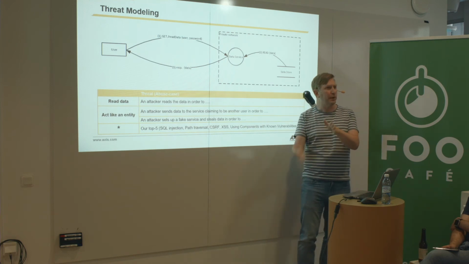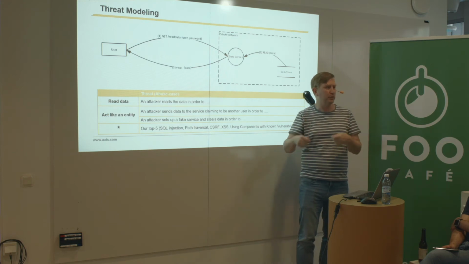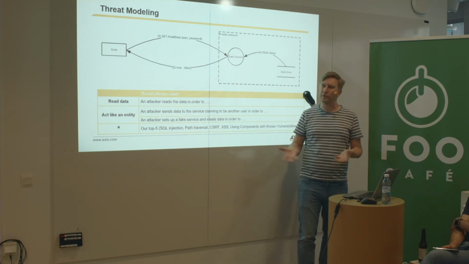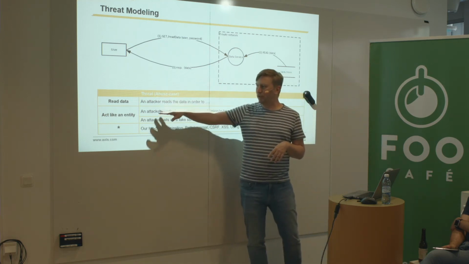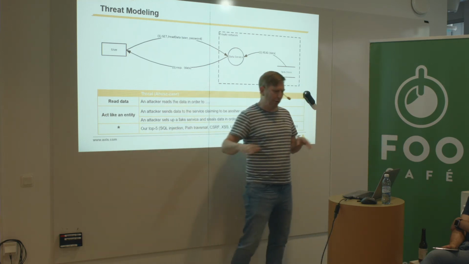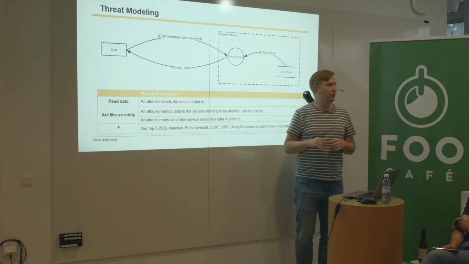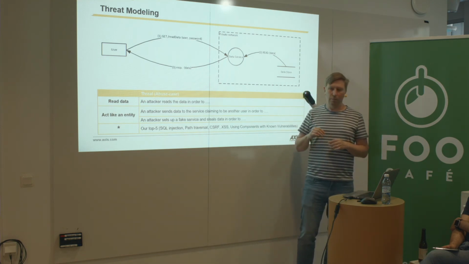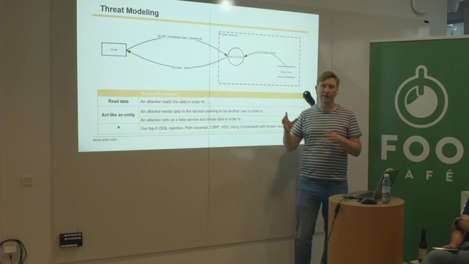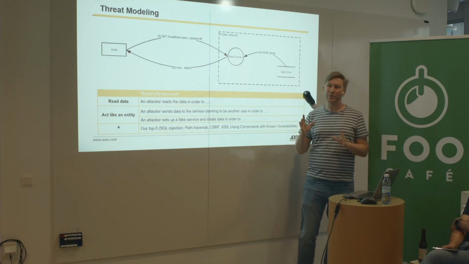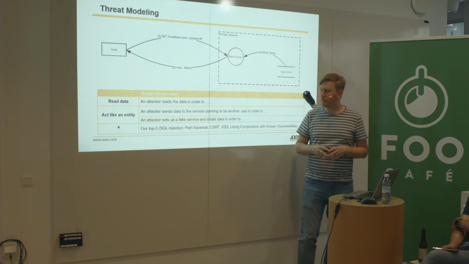Instead of having complete lists where everything has to be sorted in boxes, it's more like triggering the thinking among the developers. And that's why we have some stuff on our shortlist, and then we always have the star going for whatever you can come up with. And we shouldn't be too worried about if we find too much or too little. The good thing is we find real security problems in the architecture by doing this.